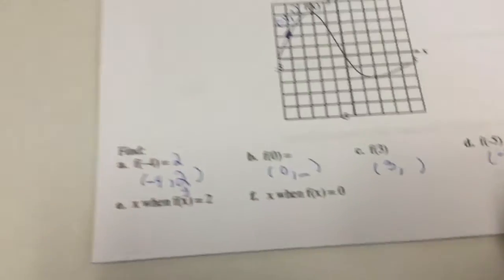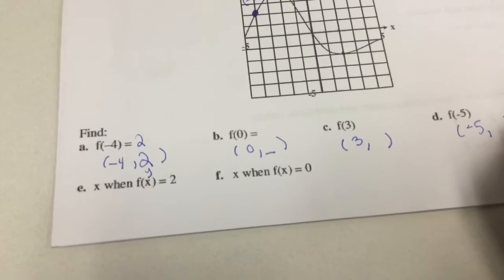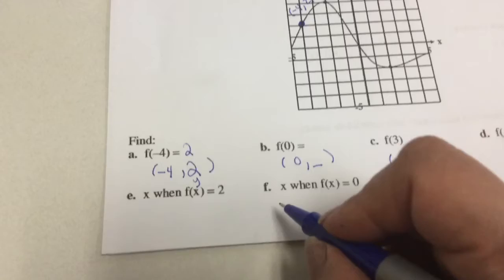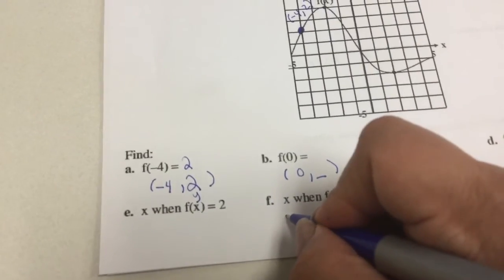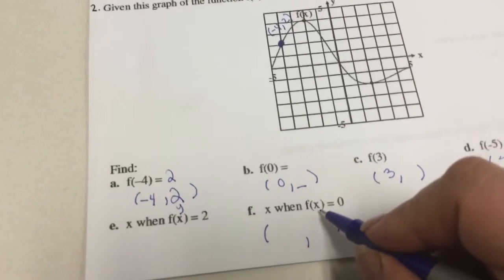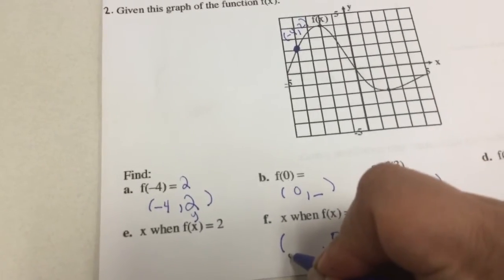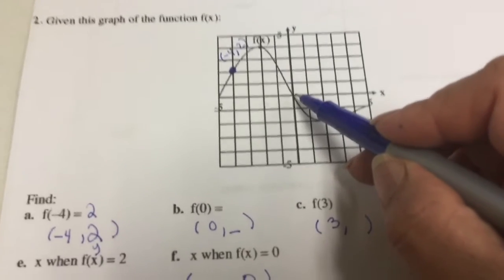Okay. Now, E and F are a little bit different. So let's do F. They're telling you X when F of X equals 0. They want to find out what your X is. Now they told you that your Y equals 0. So what is your X? So I'm going to go back to my graph.